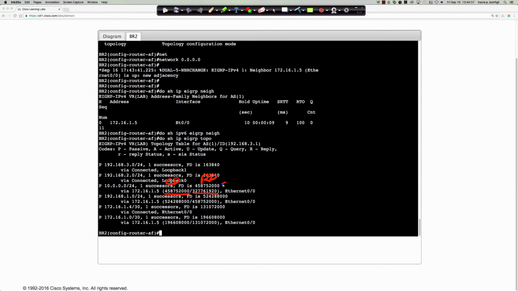I drew it there, but we know that's the feasible distance because it says feasible distance is, reported distance is there, right? But take a look at the size of these metrics, like this last one down here, 196,608,000. Or this one here, 524,288,000. So these are some epically large metric values, right?